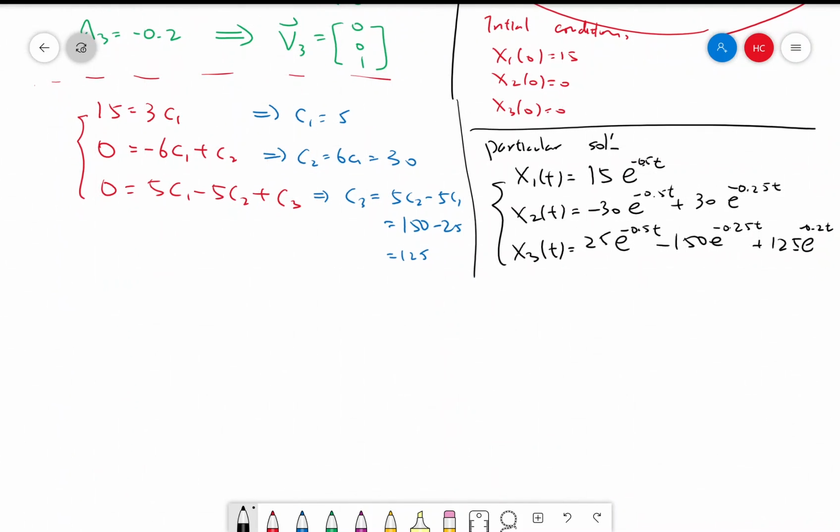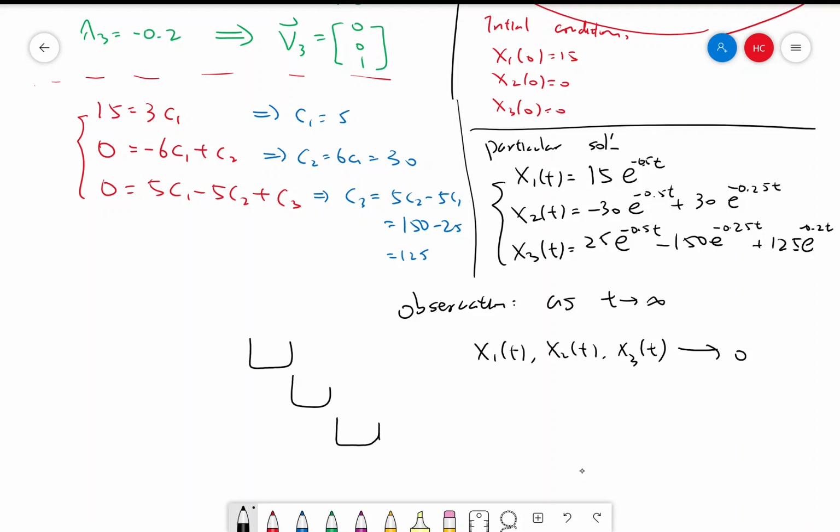So just one last thing we can make as an observation. As t goes to infinity, notice that all the exponents have negative 0.5t, negative 0.25t, or negative 0.2t. That means they all go to 0. So as t goes to infinity, x1, x2, x3 all go to 0. And this is expected because, remember, the system looks like this.